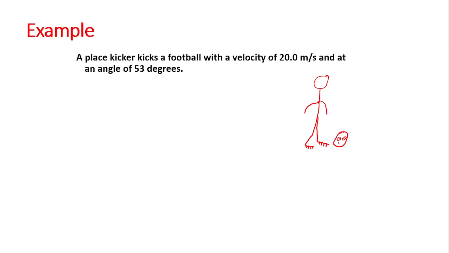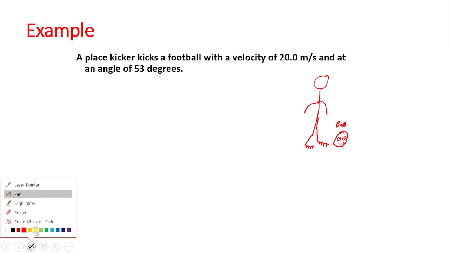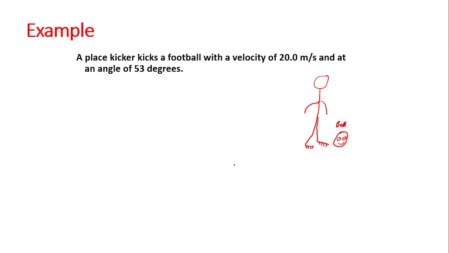So this person kicks a ball at a certain angle. I'm sure he needs to also have some dreads. This person kicks the ball at an angle in that way. Okay, like that.